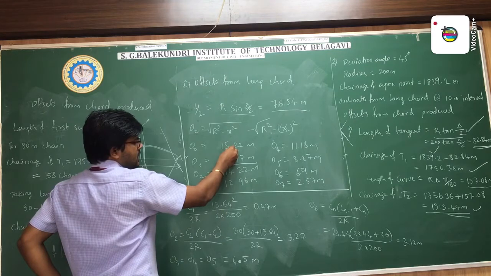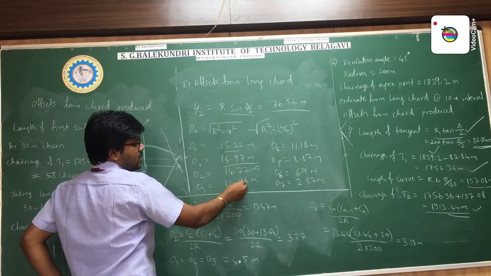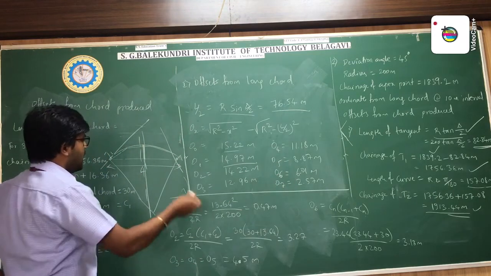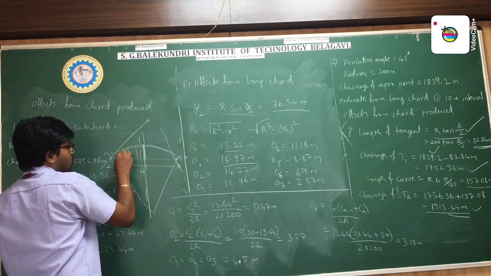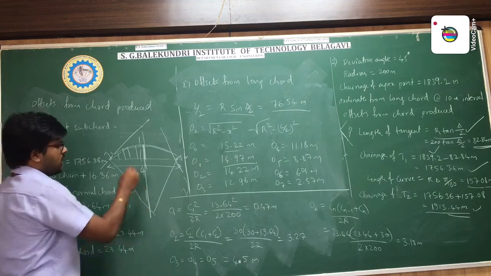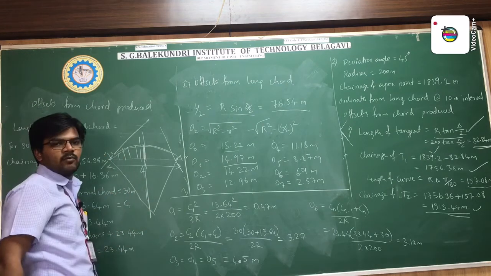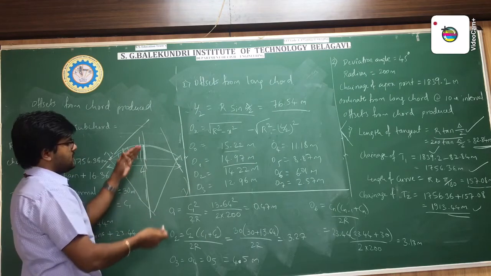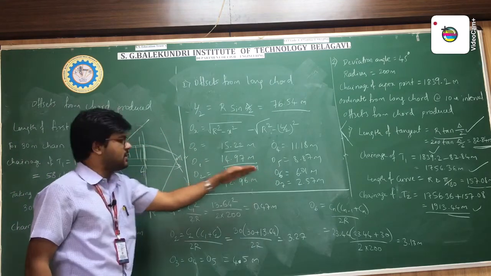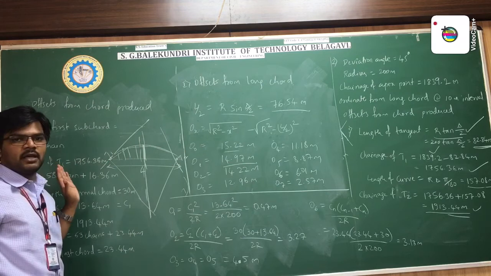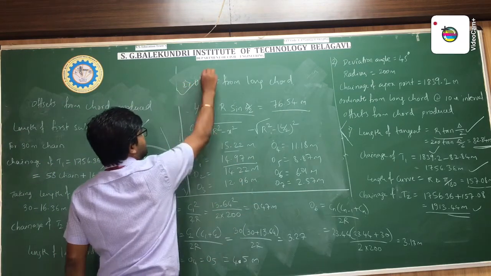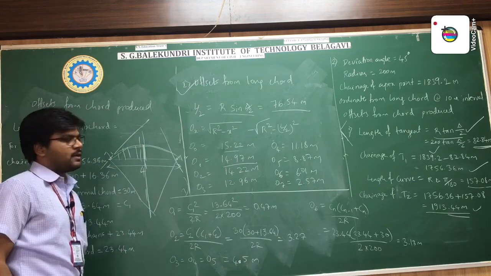As you can see, here to here 10, 20, 30, 40, 50, 60, 70, like that I draw an ordinate so that I can reach the T1 point. Similarly on the right side, with the help of these ordinates, I can plot a simple curve. This is the first method, offset from long chord method.